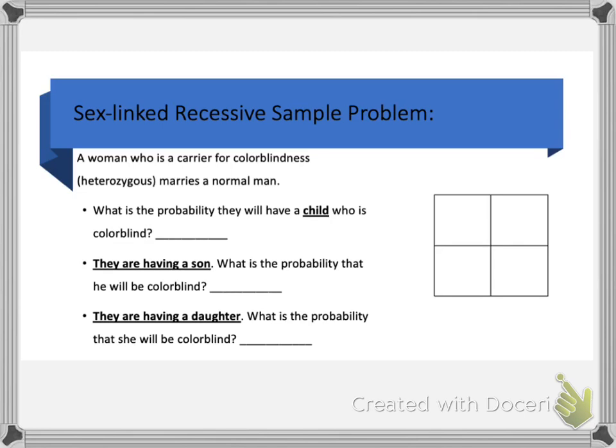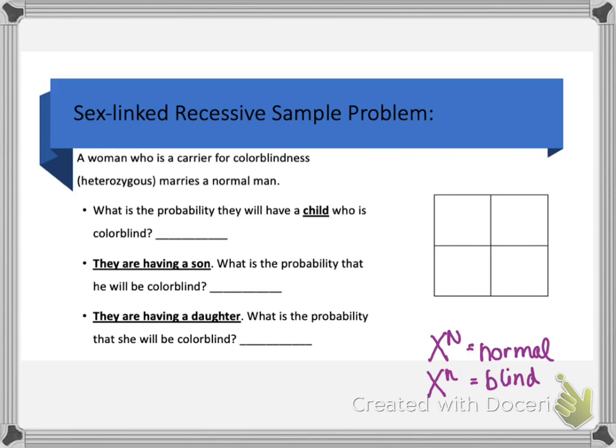So let's do a sample problem, and we're going to continue on with color blindness. So we had X big N was normal, and X little n would be colorblind. You could pick whatever letter you wanted to use attached to your X chromosome. That's up to you.